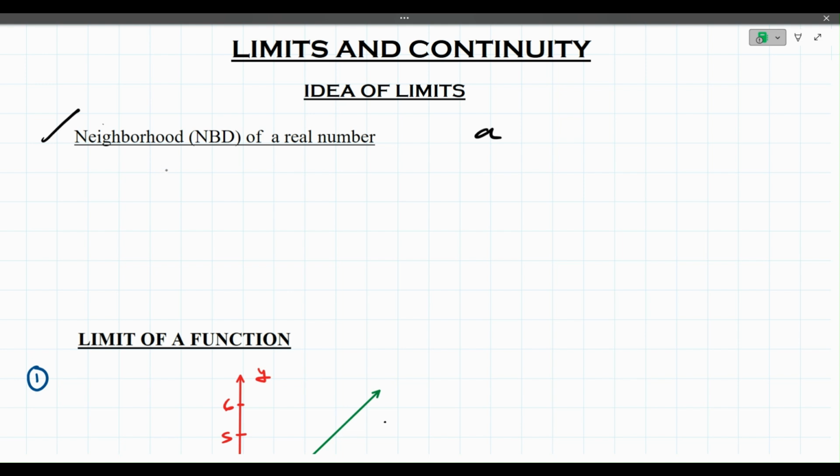Well, the smallest interval depends upon how close we can move to a, either from the left side or from the right side.